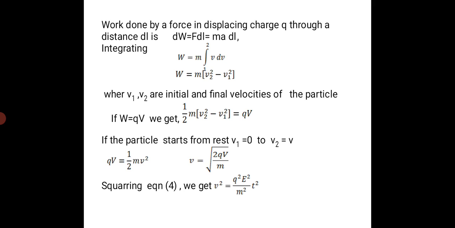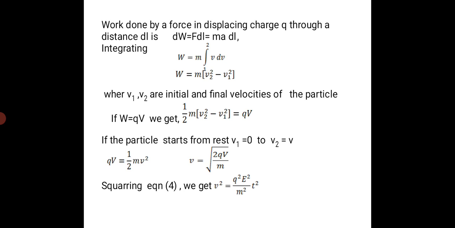If w is qV, we get half m into bracket v2 square minus v1 square is equal to qV. If the particle starts from rest, v1 equal to 0 and the final velocity v2 is equal to v, then we get qV equal to half mv square and v is equal to root of 2qV divided by m.